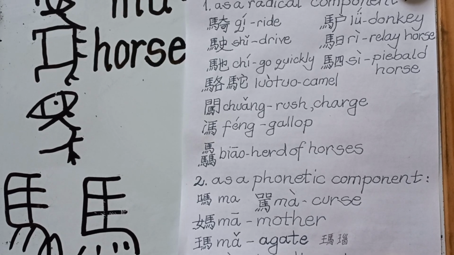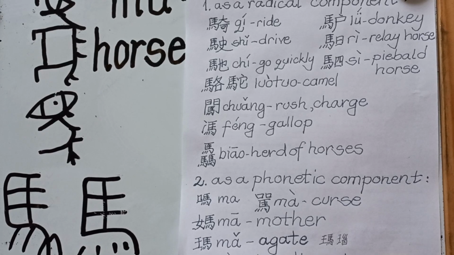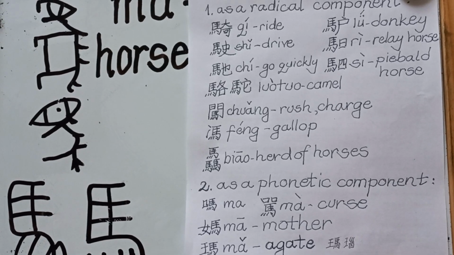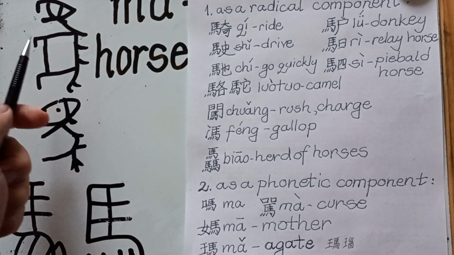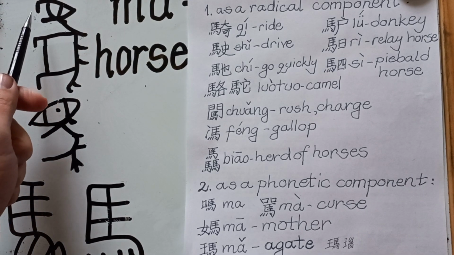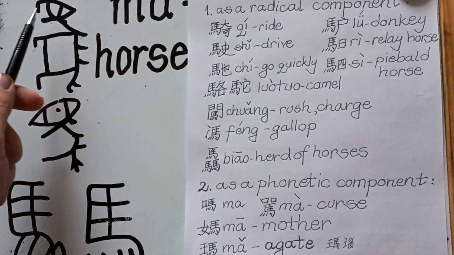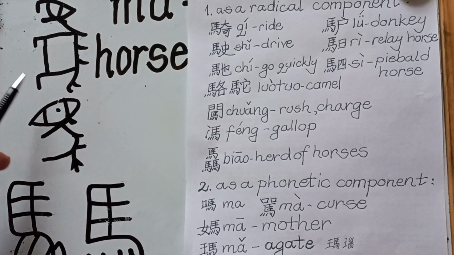Hello. As I mentioned yesterday, the character Ma is a pictograph, or in its ancient form, it was a pictograph showing a horse. And if we look at one of the earliest forms of the character, we see an oversized eye compared to the rest of the body.